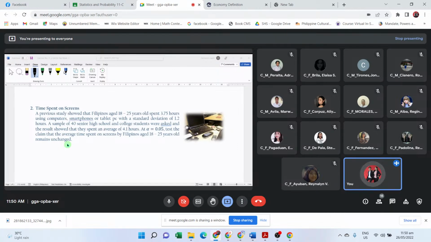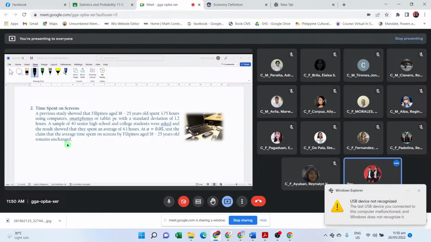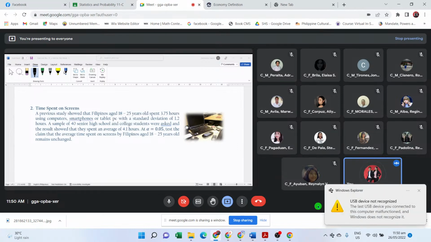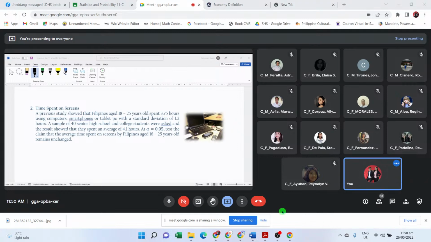So, kapag one-tailed test, malinaw na sasabihin sa problem, less than, greater than, decrease, increase. Pag katulad lang nito, remains unchanged, walang pagbabago, or sinabi lang is different from, this time, two-tailed test ang ating gagawin. Sige, simulan natin sa step 1.